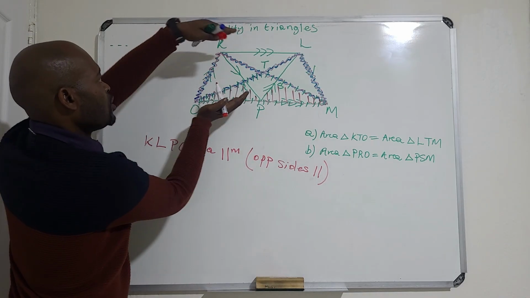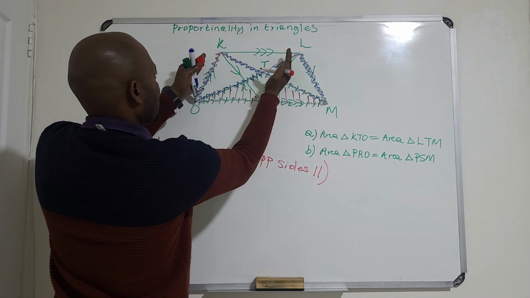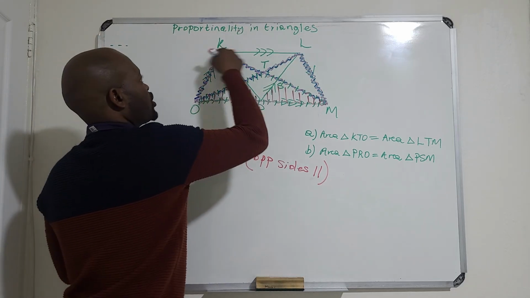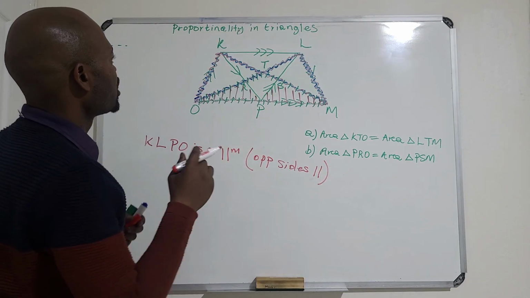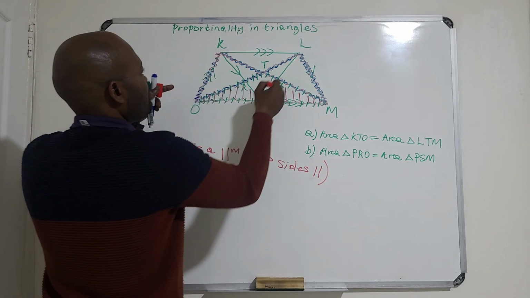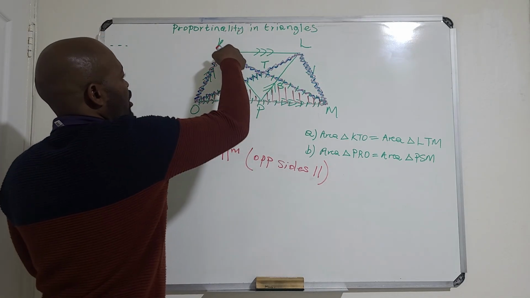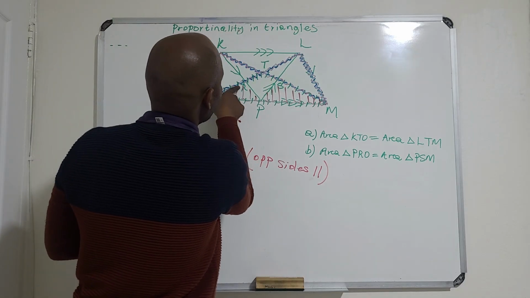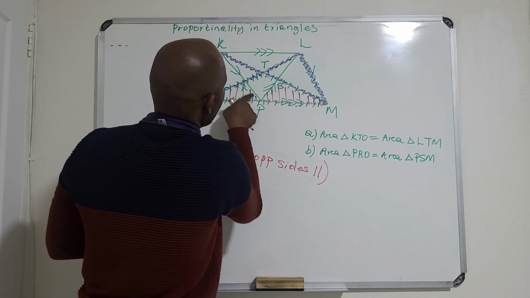Because we know if opposite sides are parallel, then we know that the quadrilateral is a parallelogram. Now, we want to make sure that since this is a parallelogram, we know that KR is equal to RP.